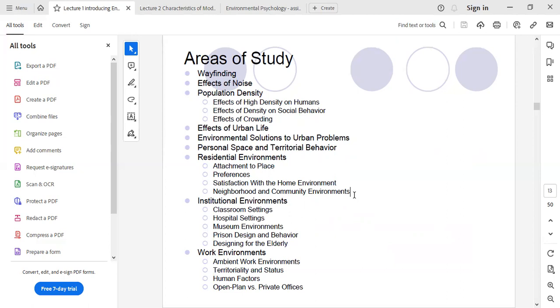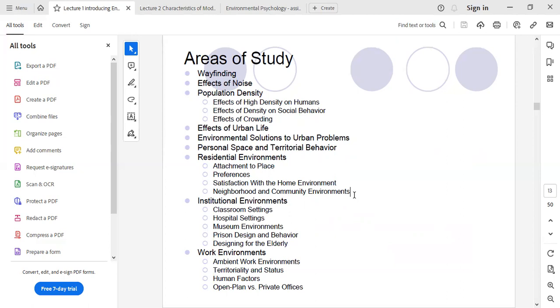The effect of noise pollution: if you just honk your horn on your car, at some point, if there are people who understand their rights, you can be arrested. That's noise pollution. Population density: high density on humans, density on social behavior, effects of crowding, and so on.